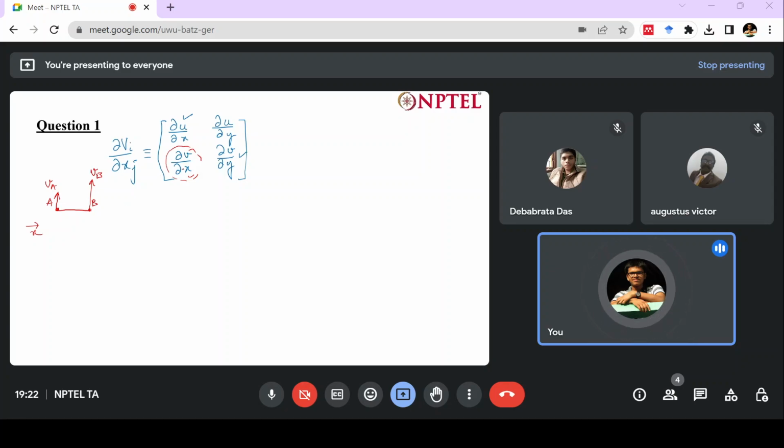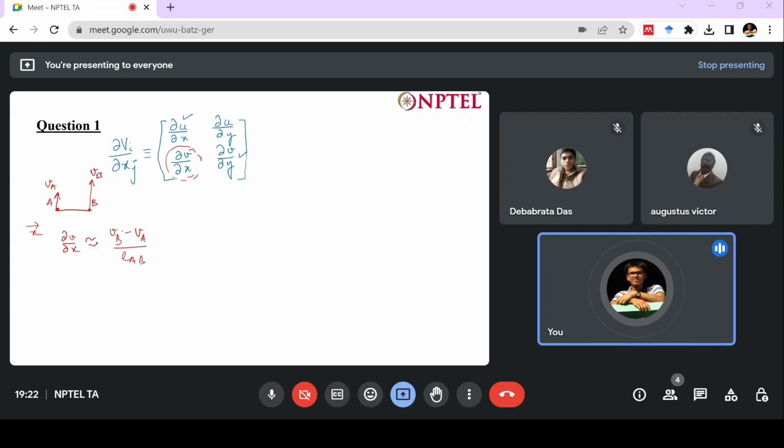And this is del v del x. If AB is very small, this is approximately VB minus VA divided by the length of AB.